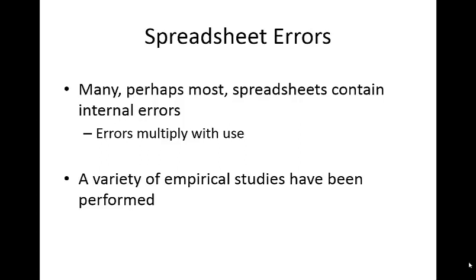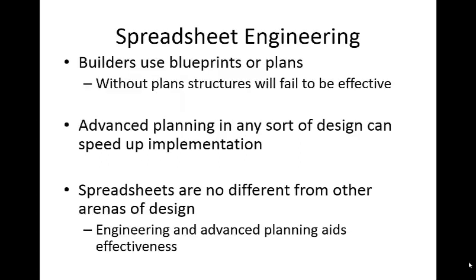And these errors multiply with use, especially if they are used by many different people. So, if a company is using spreadsheets for critical decisions, how can we reduce, if not eliminate, these errors? The answer comes from spreadsheet engineering.